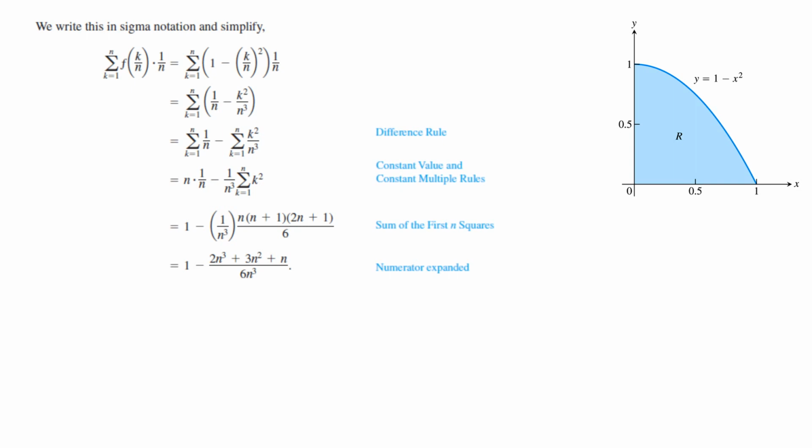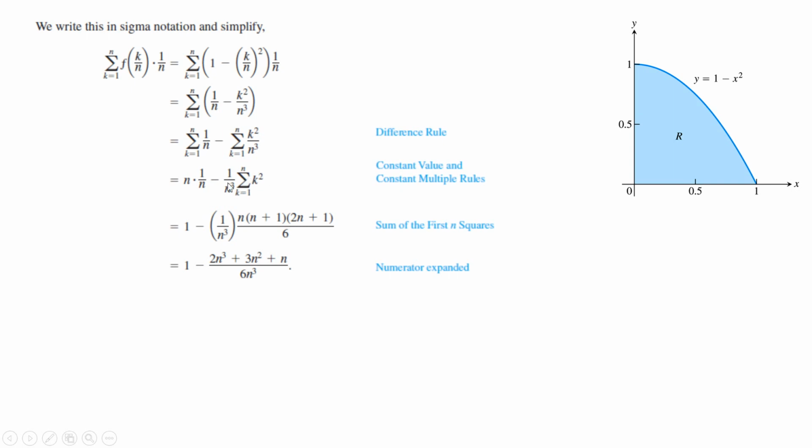Now the next step is done by the difference rule. Okay, and in the next step we used the constant value rule, n multiplied by 1 over n, and minus 1 over n cube. This is the constant multiple rule because 1 over n cube is constant in this case, and sigma k square.